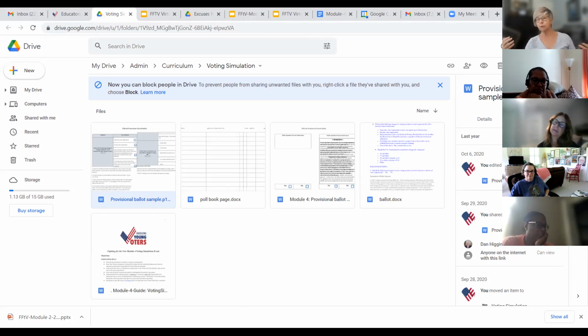Nothing else happens until everybody's paying attention. And we teach them that they can ask for a provisional ballot. And we teach them what happens to that ballot. And they actually get a paper ballot and they fill it out, often a little space in the corner, which is separate from everybody else. And there's a bag there, and they put their vote in the bag. So they actually go through that process.